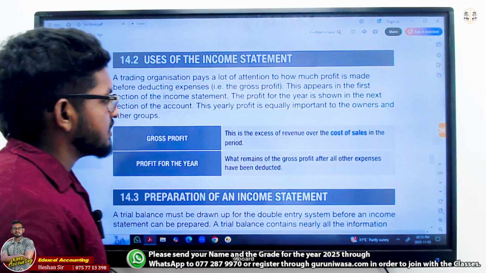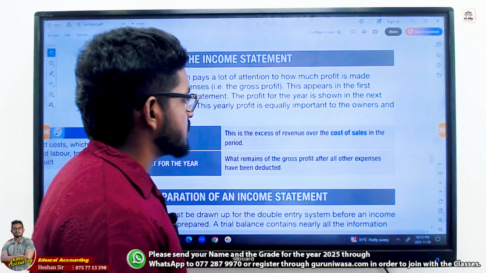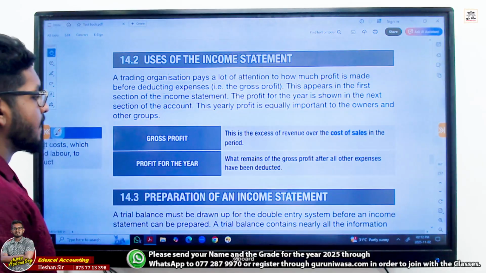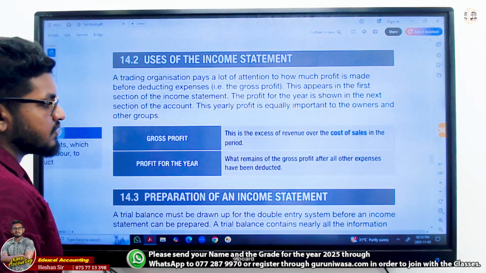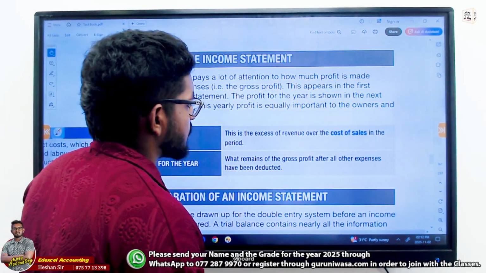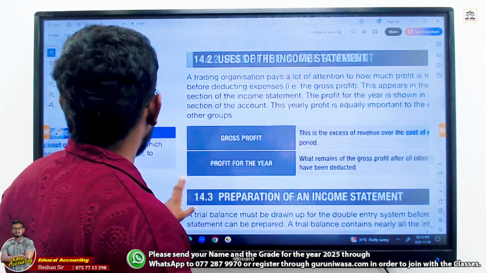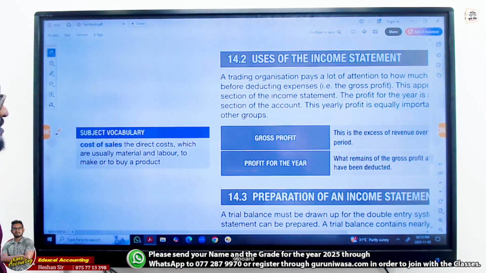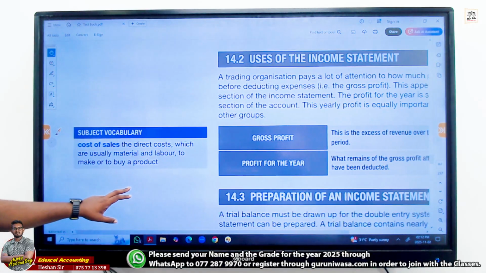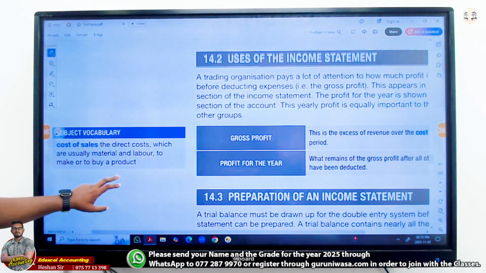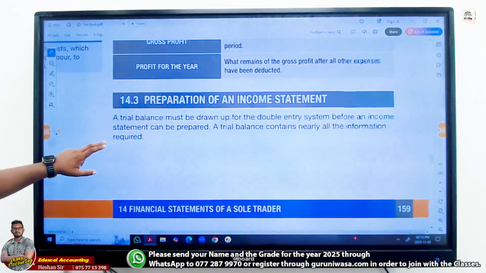Gross profit is the excess of revenue over the cost of sales for the period. Profit for the period is what remains of the gross profit after all the other expenses have been deducted. What is the term cost of sales? The direct costs, which are usually material and labor, to make or to buy a product. I'll explain the term then.